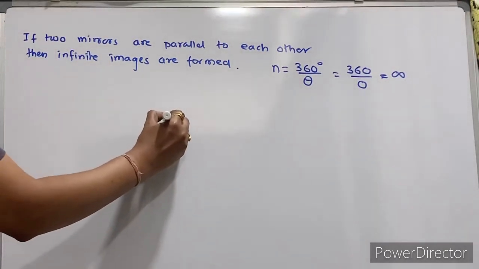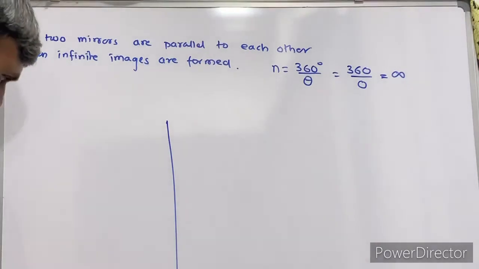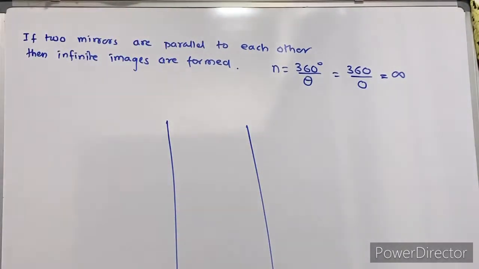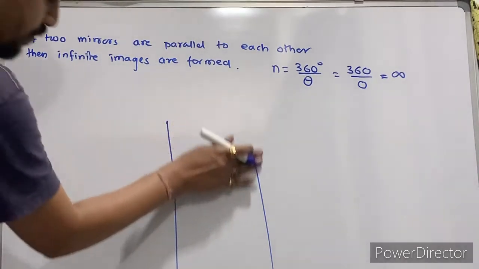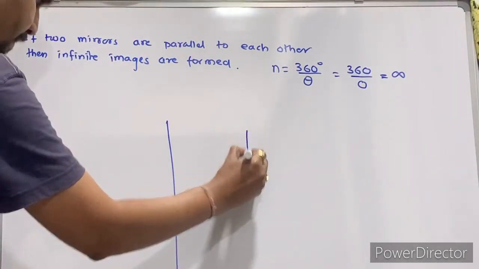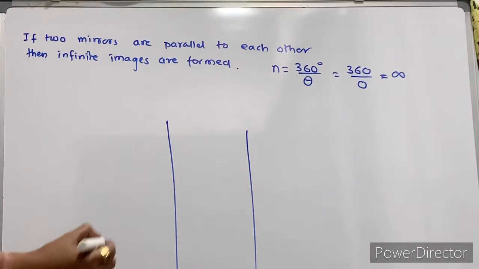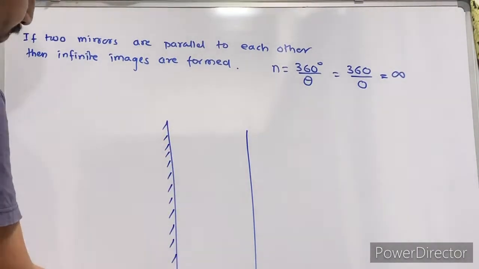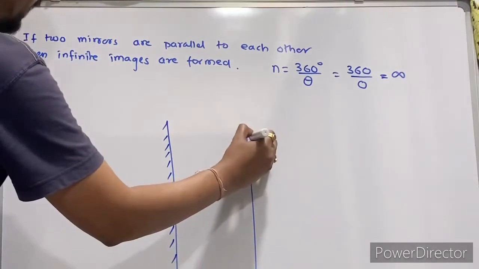These are two parallel mirrors. This is the first mirror, this is my second mirror. Now in practice, what will be the width of these two mirrors? That is very important, because I am drawing on the board, so for you that measurement has to be fixed.